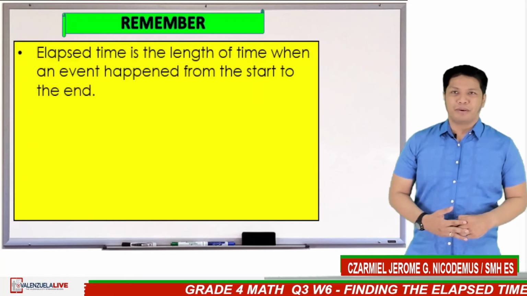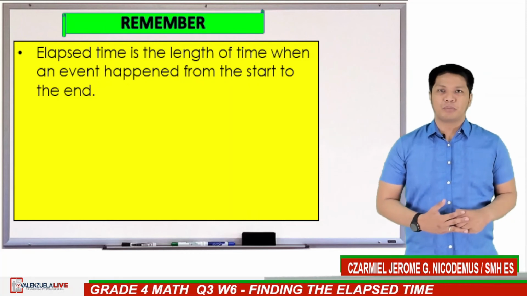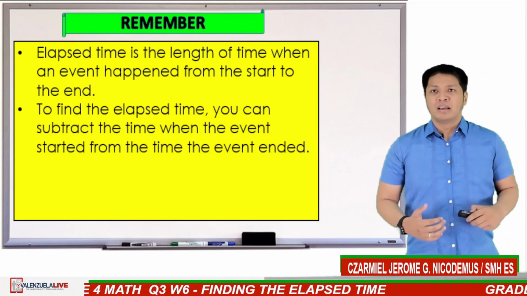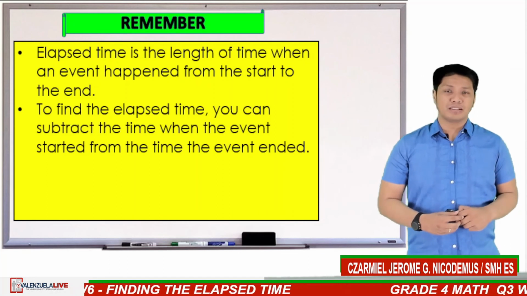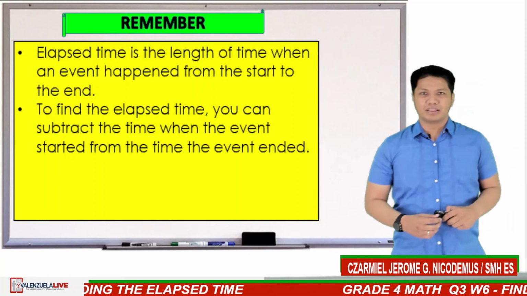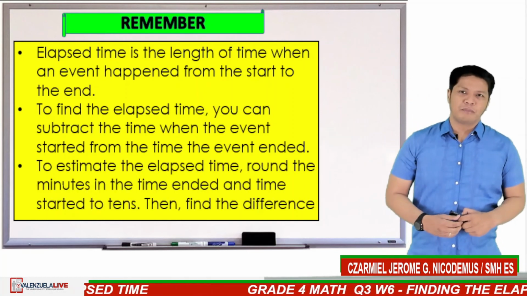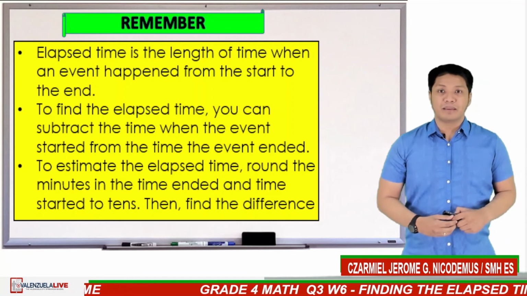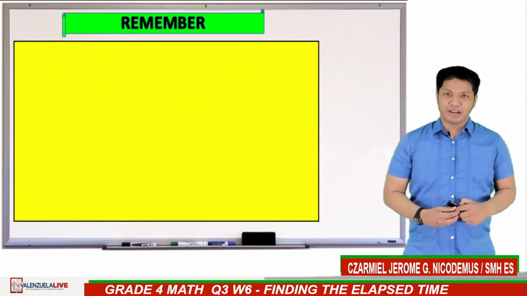So always remember that the elapsed time is the length of time when an event happened from the start to the end. To find the elapsed time, you can subtract the time when the event started from the time the event ended. And to estimate the elapsed time, round the minutes in the time ended and the time started to tens. Then find the difference.